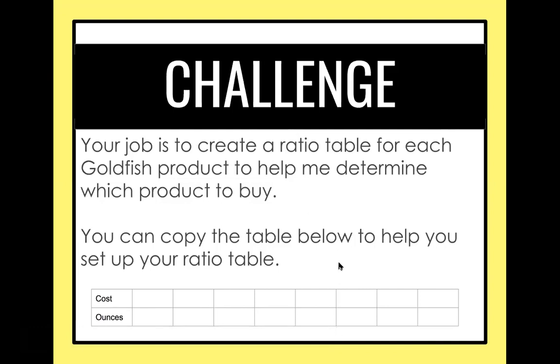Now you'll need to set up 3 ratio tables, one for each Goldfish product. So you'll need to set up a ratio table for the bag of Goldfish, a ratio table for the individually packaged Goldfish, and a ratio table for the big box of Goldfish.